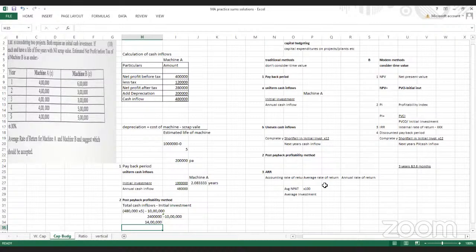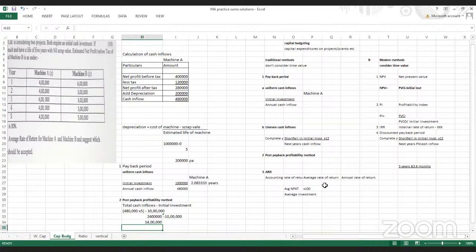Clear? So even the second method is very simple. What you have to do is calculate total cash inflow in the entire period of 5 years. Every year it is 4,80,000 into 5. We got 24 lakh as our total cash inflow for this machine A. And what is the initial investment? 10 lakh.